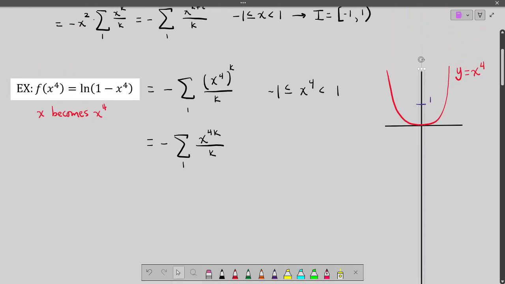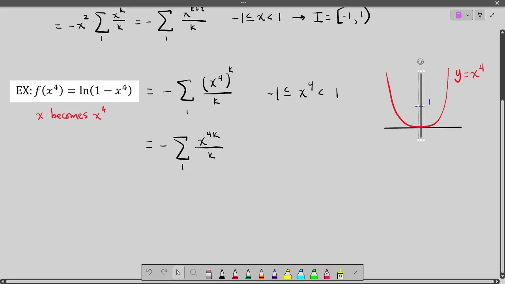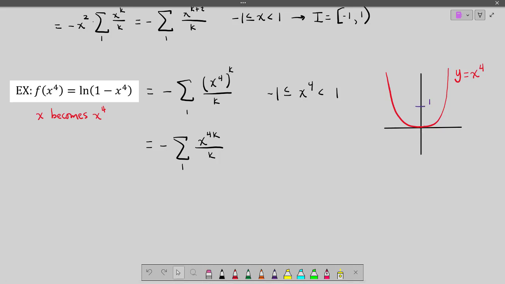So we're looking at 1 and negative 1. So we want to know what are the x's that give us y values in here. So we're looking at the x-axis. There's negative 1. There's positive 1. That, of course, corresponds there. That corresponds there. Maybe I should make those open circles, though.